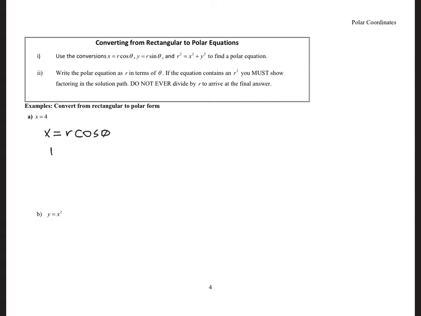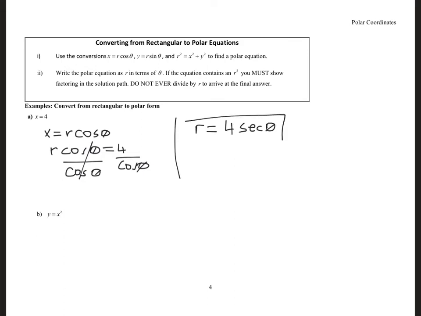So I'm just going to say r cosine of theta equals 4, but then I want r, so I divide both sides by cosine of theta. So what do I get? I get r equals 4 times 1 over cosine, and 1 over cosine is secant, so this is going to be 4 secant of theta. And that's the answer right there.